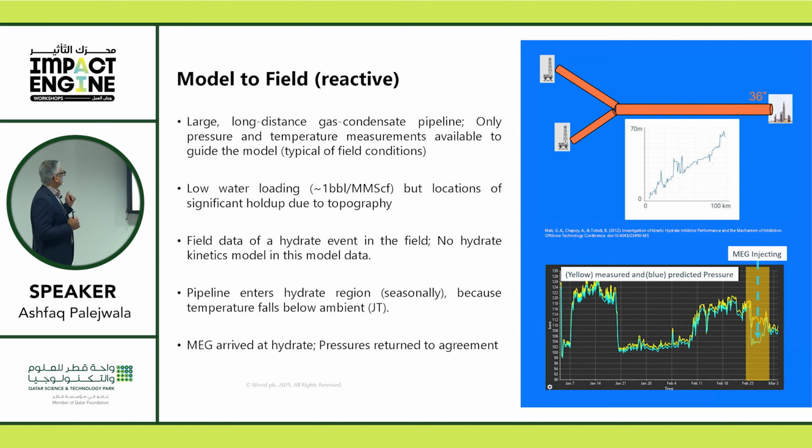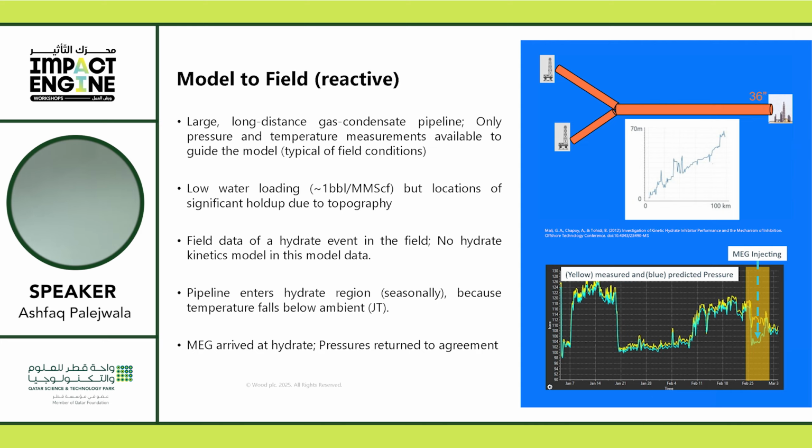There was low water loading, but the topography is up and down, so there was liquid holdup. You've got water trapped in certain sections. Now this was an actual hydrate event that happened. So you see two lines here. The yellow was measured and blue was predicted.